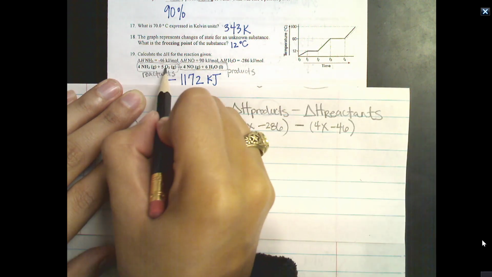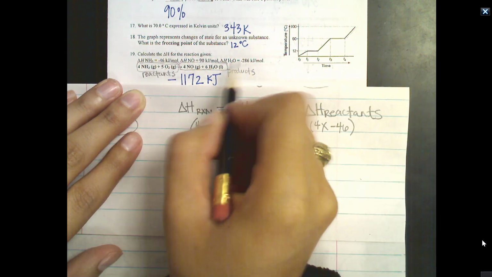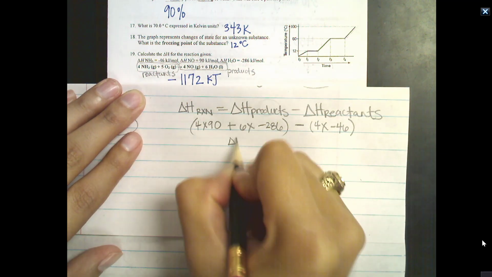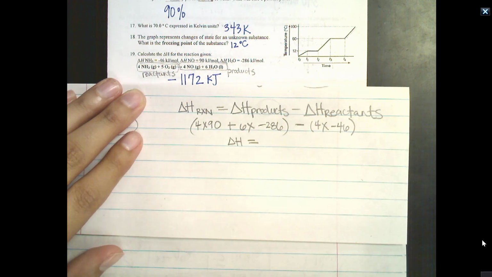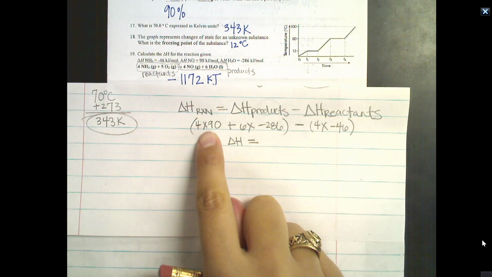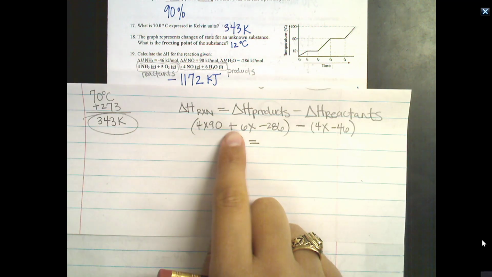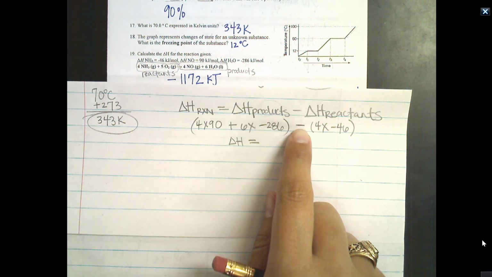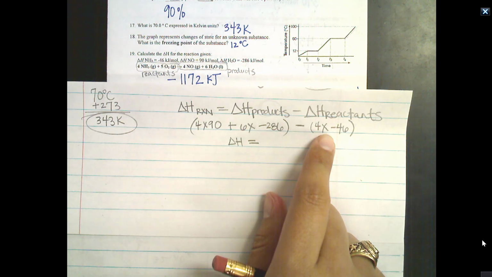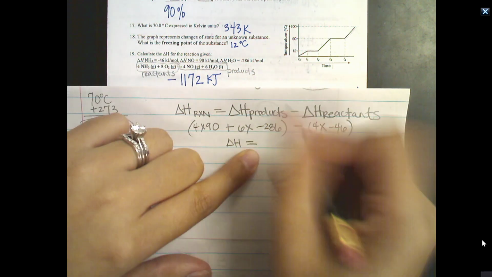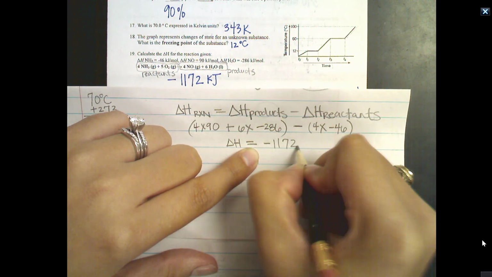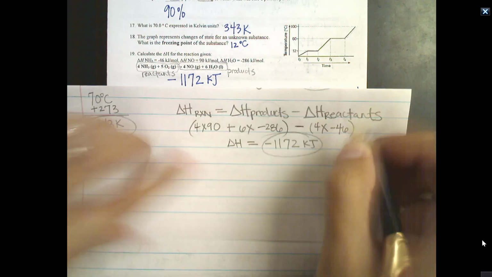And oxygen is an element. It doesn't give you a number for that. That's because it's 0, so you don't have to include that. If you put all of this into your calculator exactly the way you see, make sure you include negatives. 4 times 90 plus 6 times negative 286 minus 4 times negative 46, use your parentheses and everything exactly like you see, gives you negative 1,172, and my units are kilojoules.